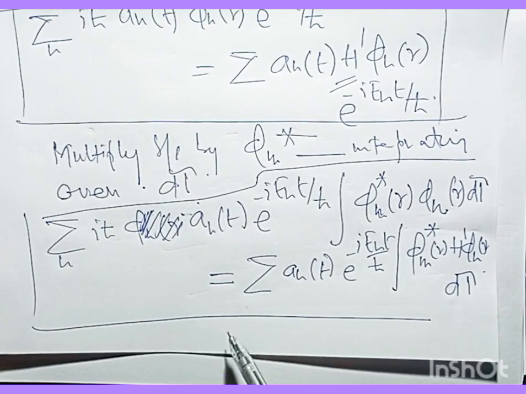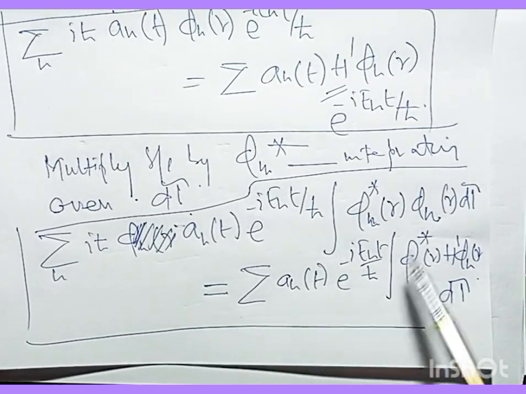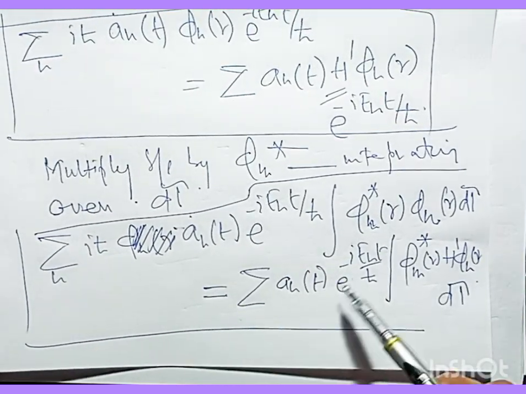So when we use this condition of orthonormality, the left-hand side will exist only for n equal to m.